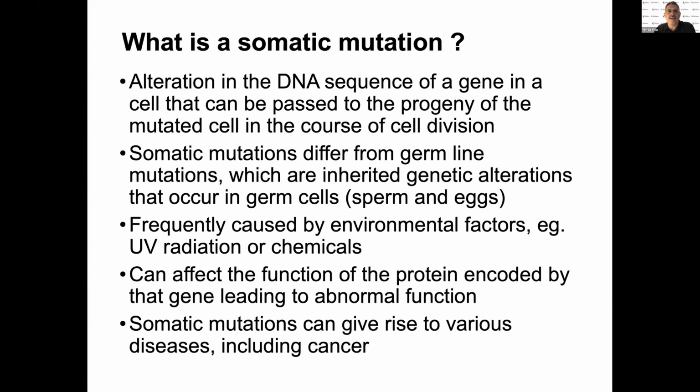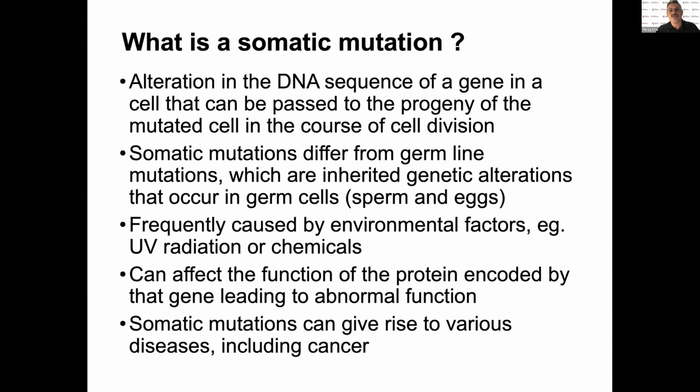As Mike introduced you to somatic mutations, I just want to cover that again because it's really important for the work I'm going to show you, and just build a little bit on what Mike's shared with you. As Mike mentioned, a somatic mutation is an alteration in the DNA sequence of a gene in a cell, and that can then be passed on to the progeny, or the daughter cells of that cell, in the course of cell division.